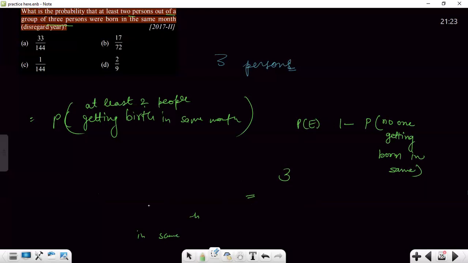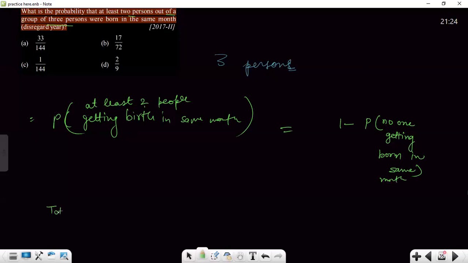Event E is the probability of at least two people getting born in the same month. So it will be 1 minus the probability of no one getting birth in the same month. Is that clear how I have written the formula? Yes, sir.